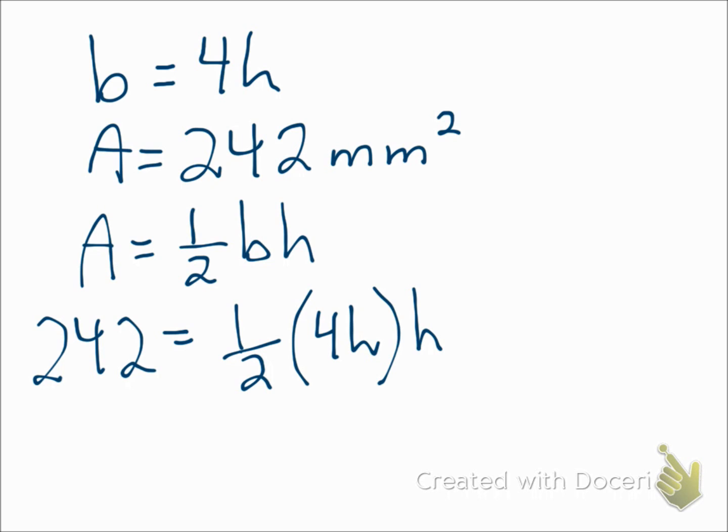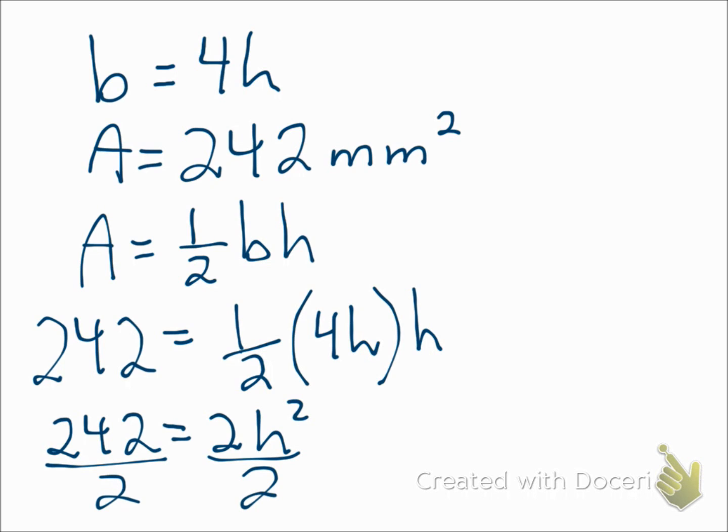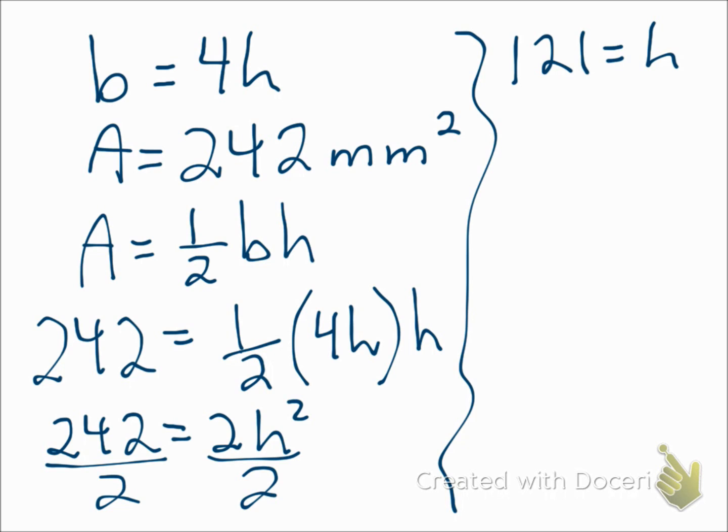So let's solve this. 242 equals 1/2 of 4 is 2, and h times h is h squared. Divide both sides by 2. And h squared is 121.